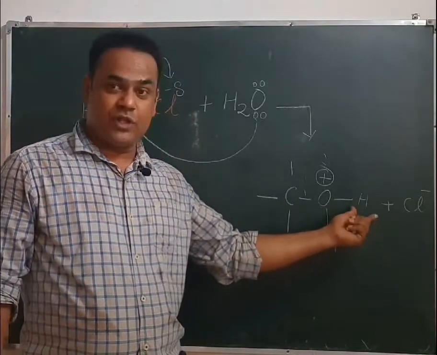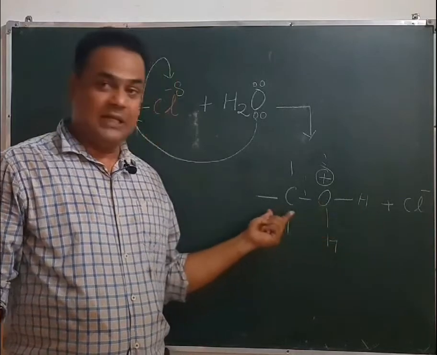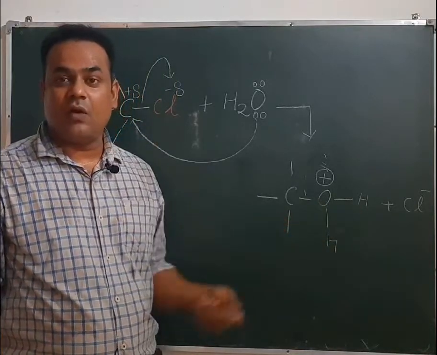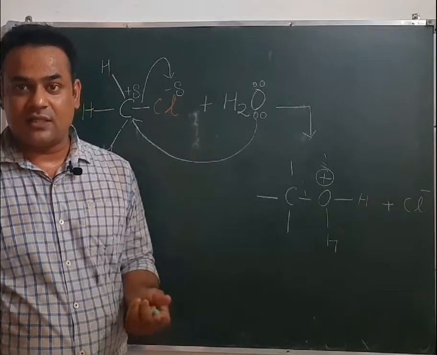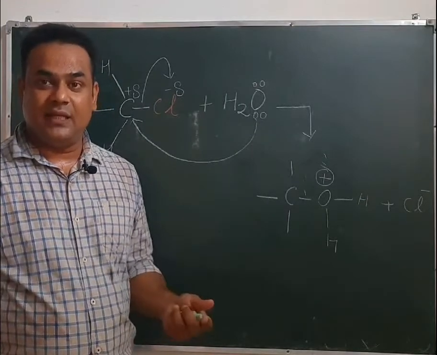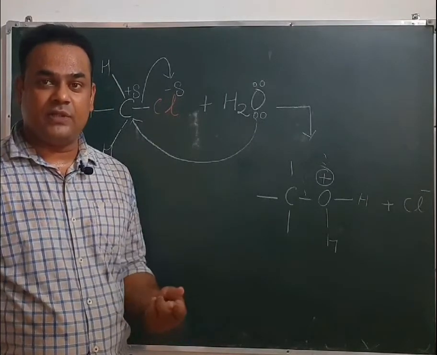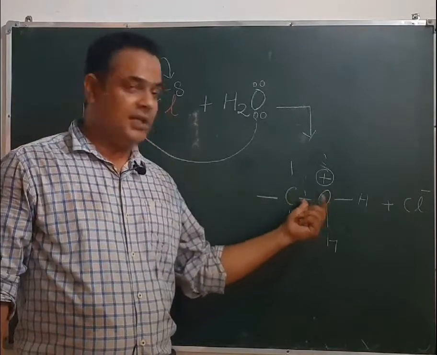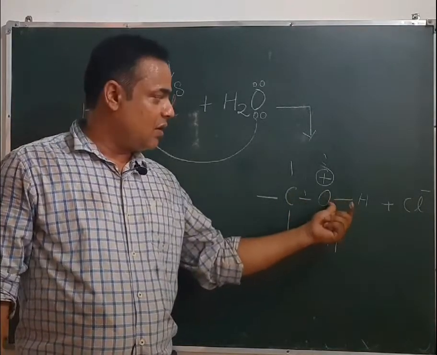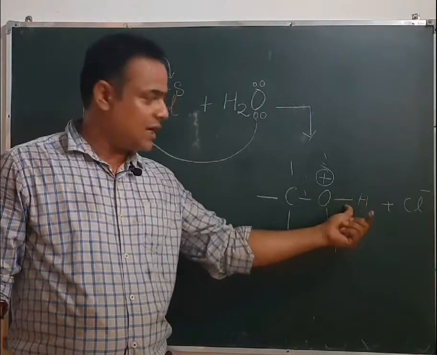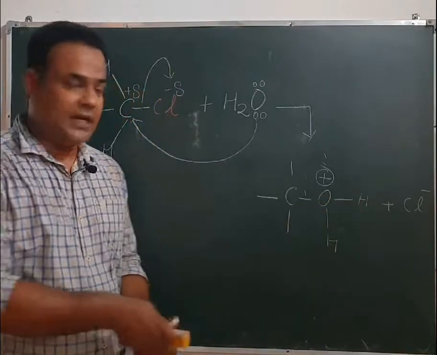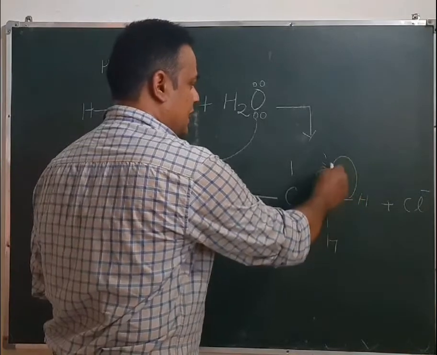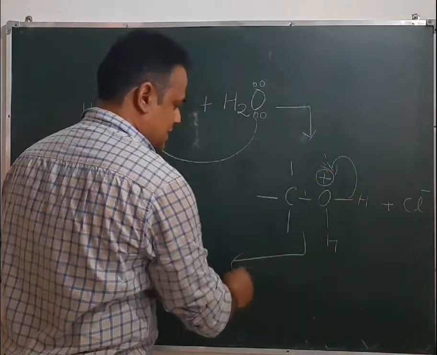And we know that hydrogen is less electronegative than carbon. So from where can oxygen snatch electrons easily? Obviously from the element which is less electronegative. So instead of breaking the C-O bond, this oxygen will snatch this electron pair, and it will result in the release of an H plus ion.